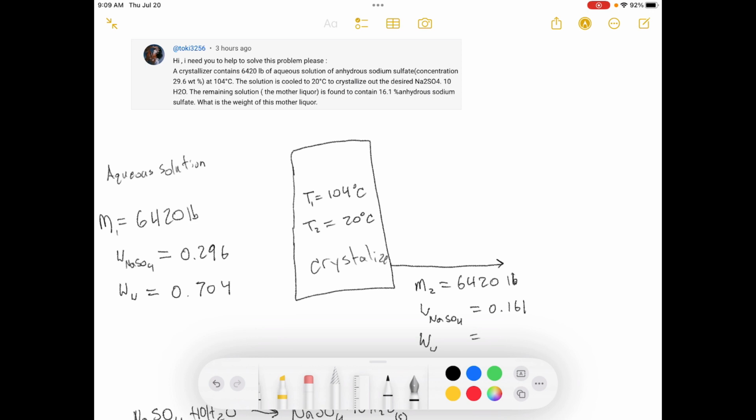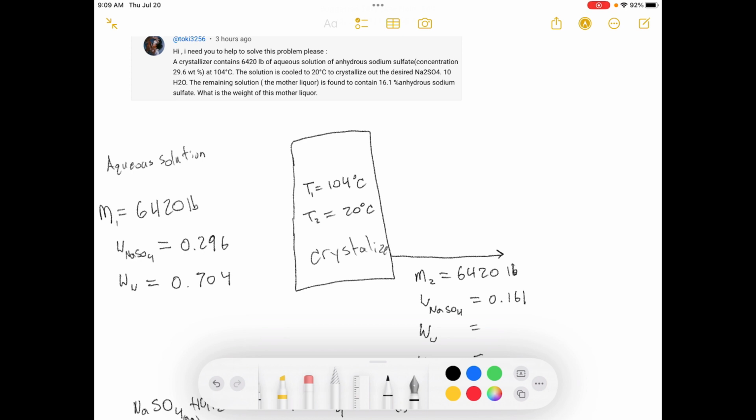What I'm taking this to mean is that if you removed all the water, this is how much anhydrous sodium sulfate would be in the liquid. So it's basically just telling us the weight percent, or the concentration, of the salt in the aqueous solution. That's how I'm taking that. If I'm wrong, just send me another comment and maybe I can clear some things up, but I think that's what they mean.